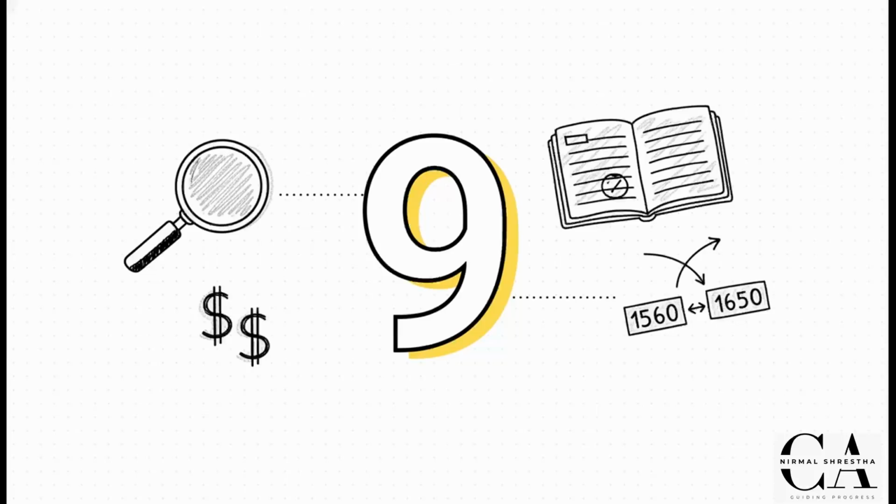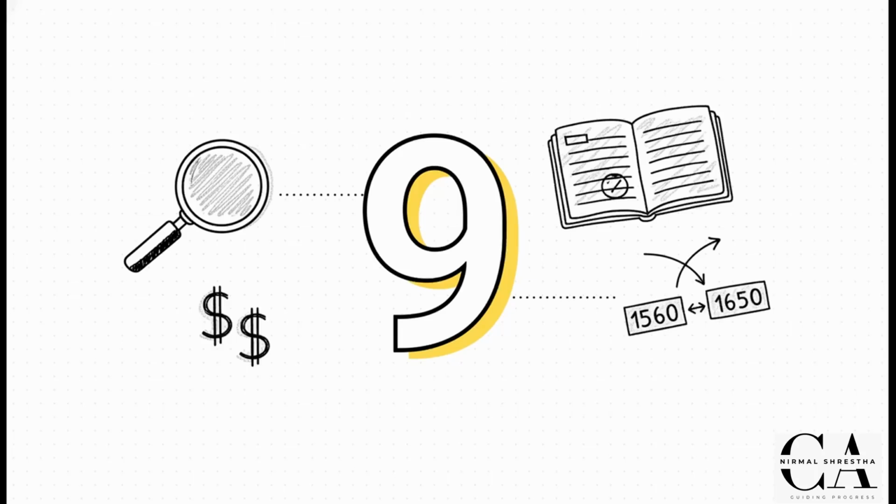Now, I want to share a really fascinating insider detective trick with you. The number 9. If you're reconciling your accounts and you find an unexplained difference, check to see if that exact difference is cleanly divisible by 9. If it is, you are almost certainly looking at a transposition error. That's what happens when a human being accidentally swaps 2 digits.